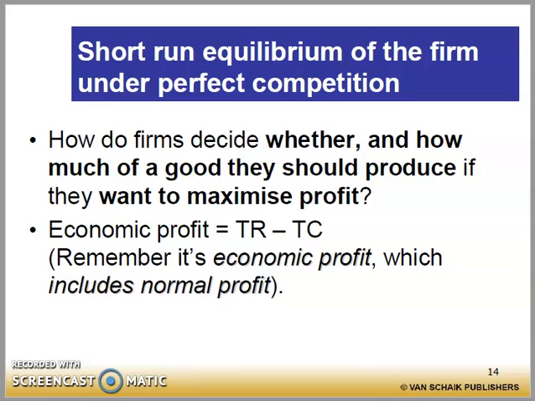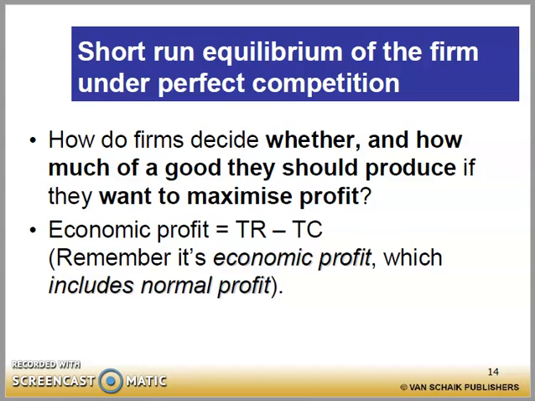So the next question to ask is, how do firms decide whether to produce and how much of a good they should produce if they want to maximize profit? Economic profit is given by the difference between total revenue and total cost. So from your total revenue, you remove your cost, and you get your economic profit. This is the economic profit, which includes normal profit.